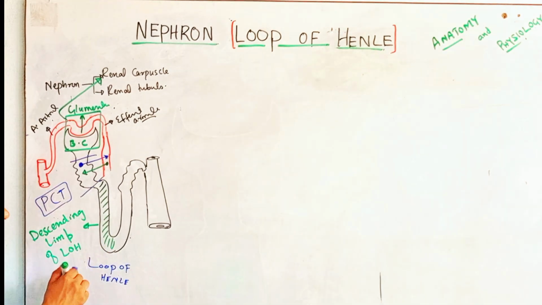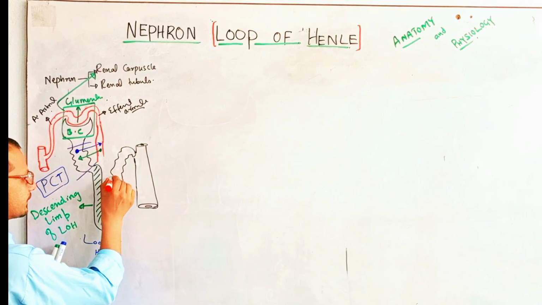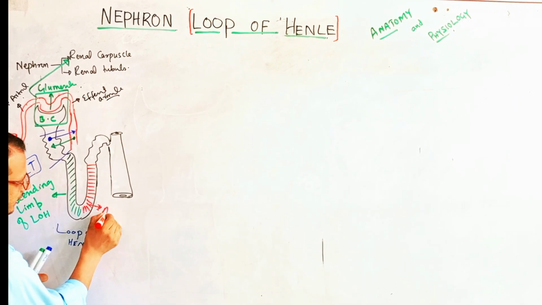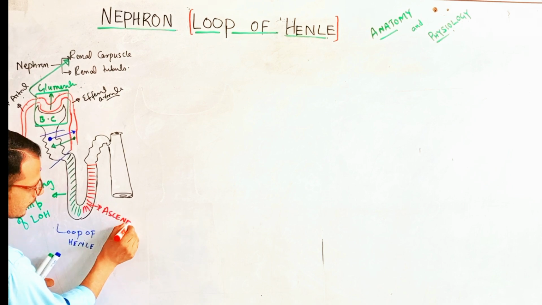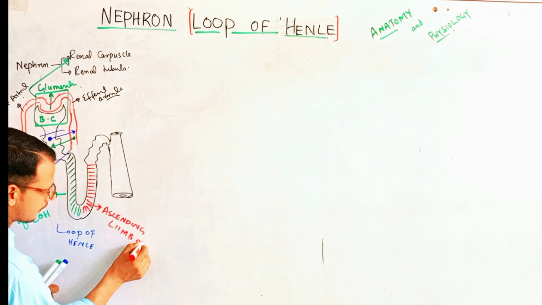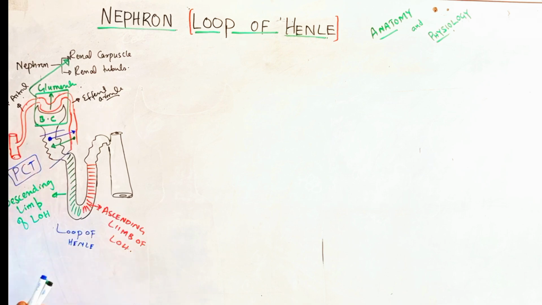Right? And this red part is called ascending limb of loop of Henle. Right? Why is it separated?